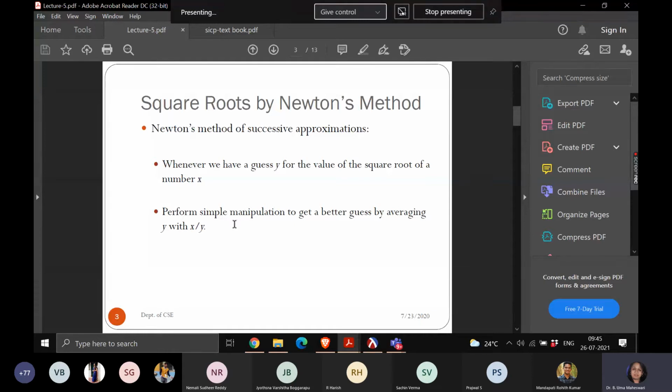It can be a floating point number, right? It is an irrational number. Take the square root of a prime number: 7 is a prime number, and 11 is a prime number. While finding the square root of a prime number, you will end up with irrational, real, floating point numbers.